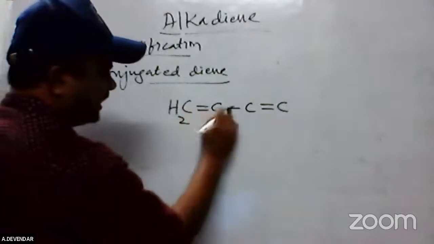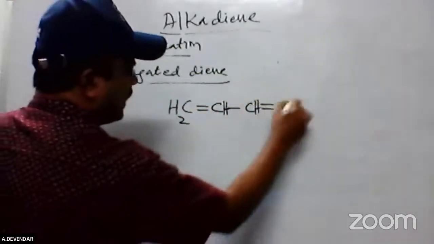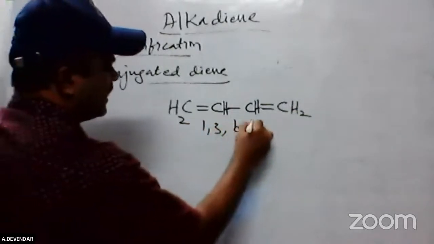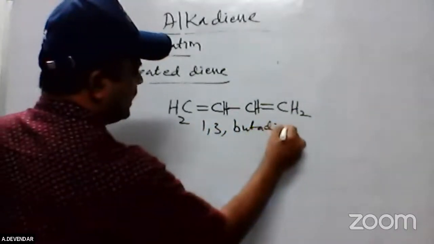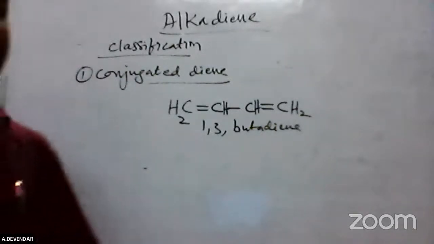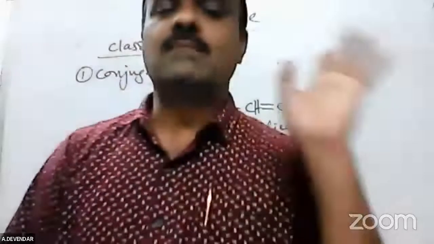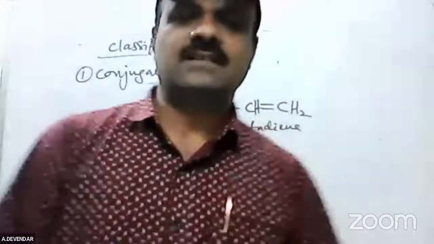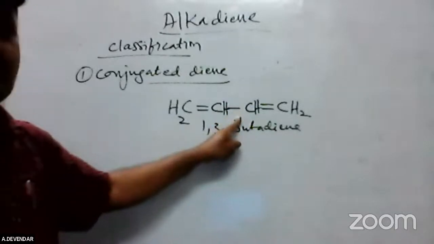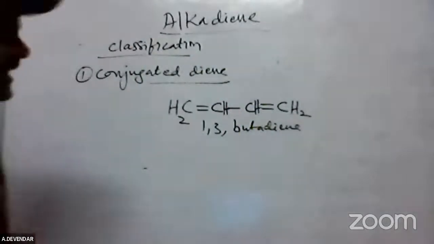Here 2 hydrogens required, here 1, here 1, here 2. What is the name of this one? Just now we used it: 1,3-butadiene. 1,3-butadiene belongs to the conjugated dienes. The diene whose double bonds are separated by one single bond is called a conjugated diene.